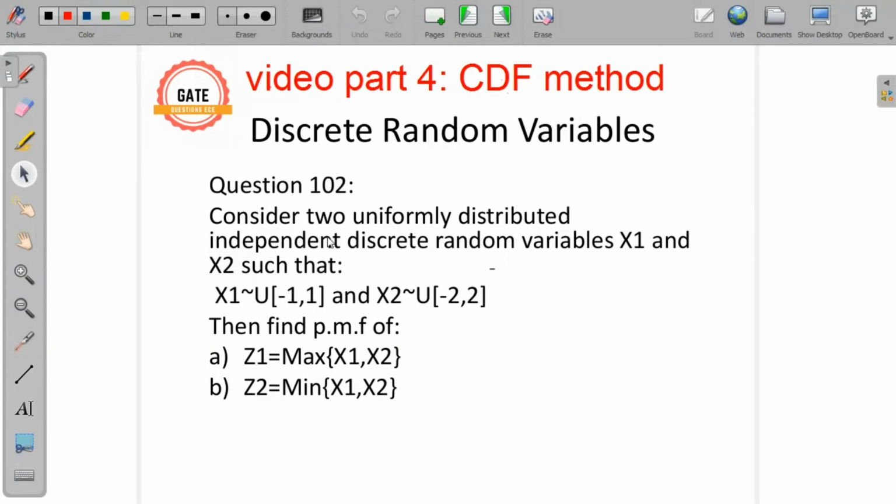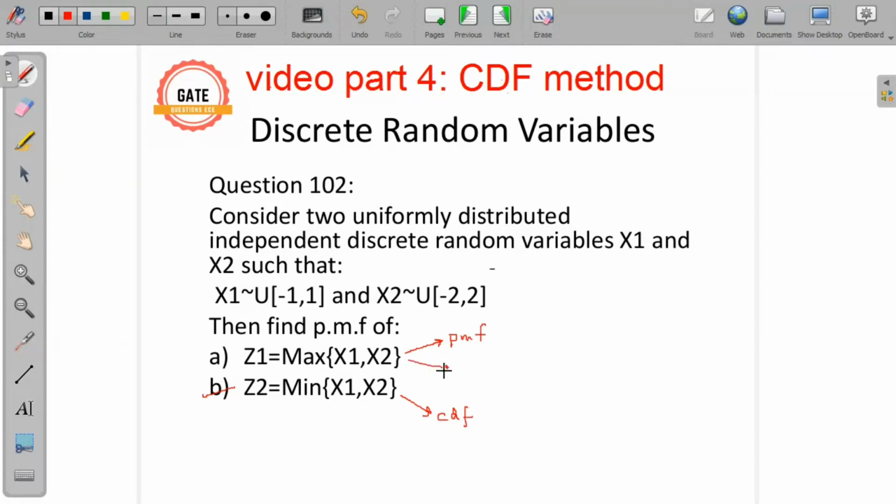This is the same question that I discussed in previous 3 videos. This is the fourth video on this question, and in this video I will be discussing part B of this question using the CDF method. I have already made 3 videos on this question in which I have discussed part A. In the first video I discussed part A using the p.m.f method.